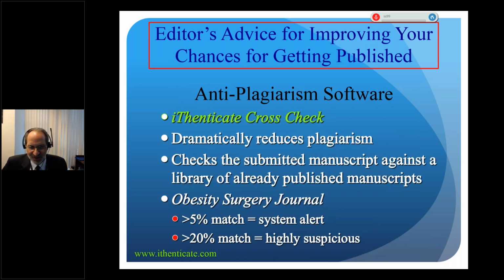And the one that's been used by Springer is called Authenticate. How it's reduced plagiarism is it checks the manuscript word for word, line for line, against a massive library of what's already been published. If there's a greater than 5% match, it sets off a little bit of a red flag, but a greater than 20% match requires an investigation.